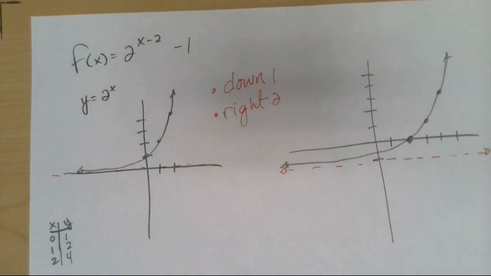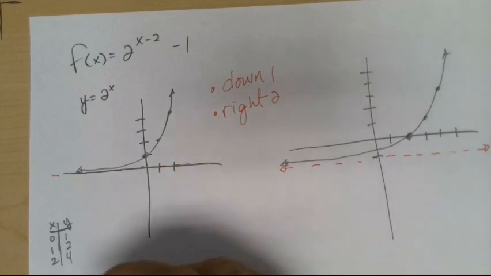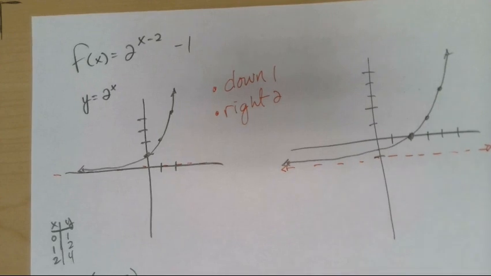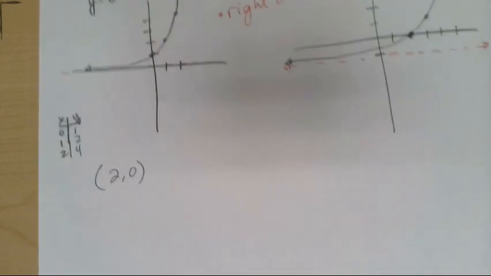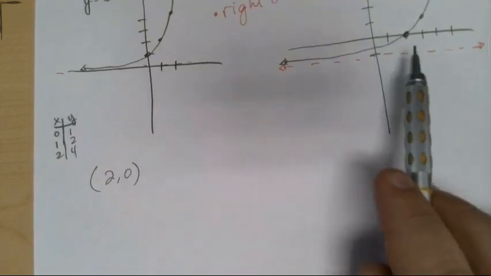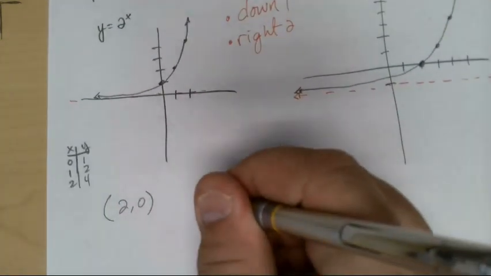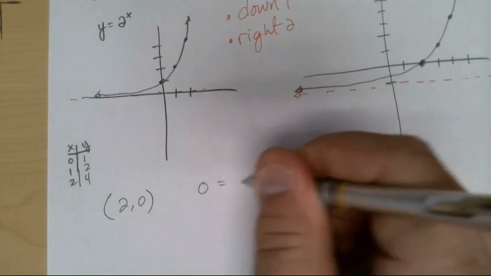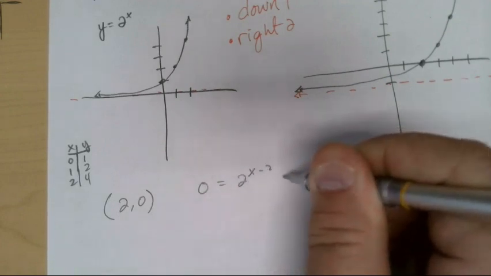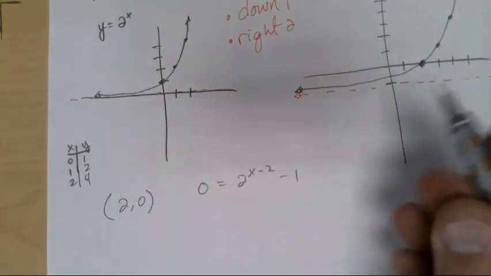Okay, now that helps me because actually I can see my new x-intercept. My new x-intercept is at the point 2, 0. Now I could have gotten that x-intercept algebraically by putting a 0 in for y. So that would be like 0 equals 2 to the power of x minus 2 minus 1. And then solve it.